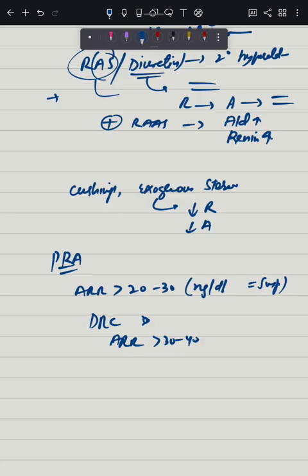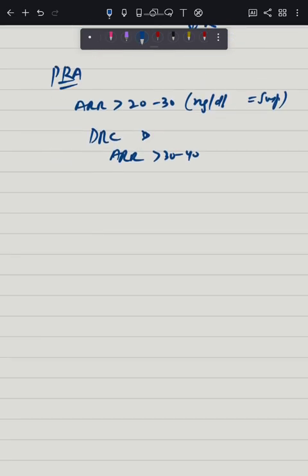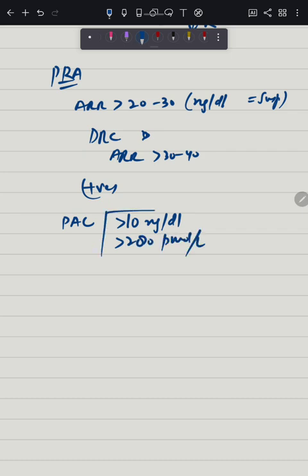I'll explain this in a while. Let's go further to see what the mandatory requirements are for a positive ARR. For ARR to be called a positive screening test, the plasma aldosterone concentration should be elevated, generally greater than 10 nanograms per deciliter, or in other units 280 picomoles per liter. This is the standard definition.